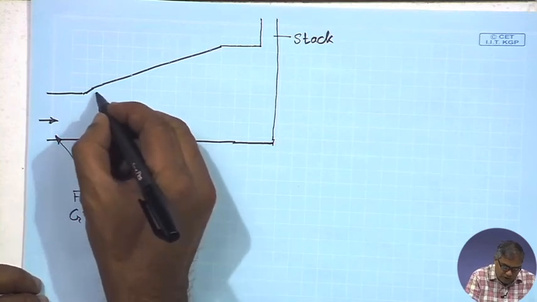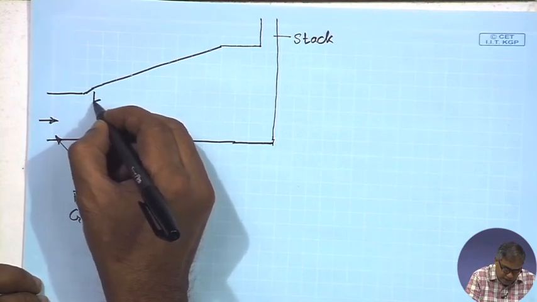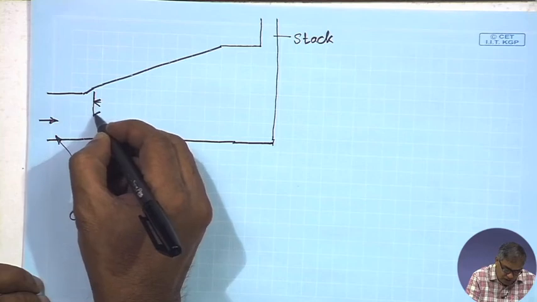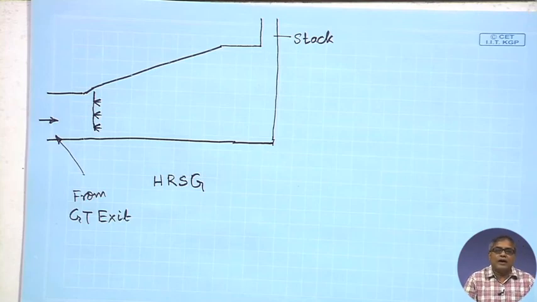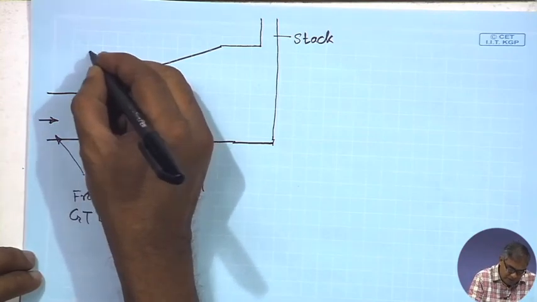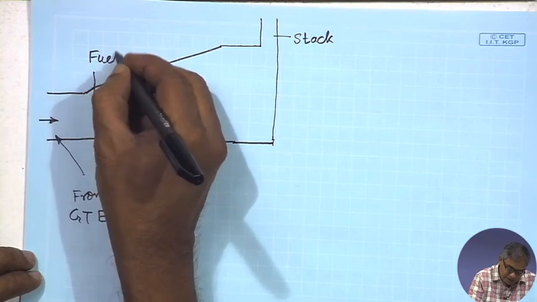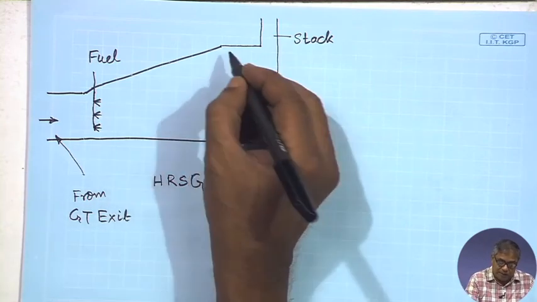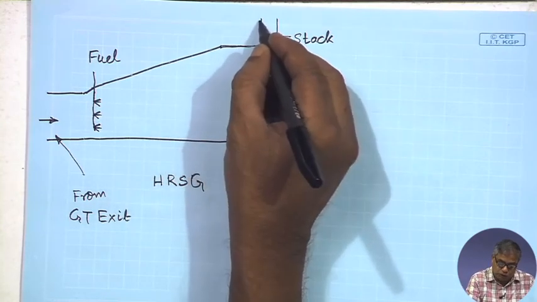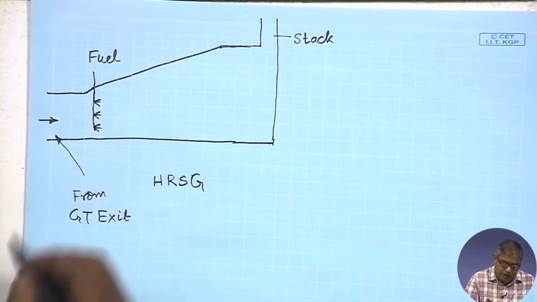So, here what can we do? We can have some amount of fuel injected. I say fuel because liquid fuels are quite common, but in principle any kind of fuel can be burned, and some additional fuel is burnt. Rarely, sometimes some additional air could also be taken if required.